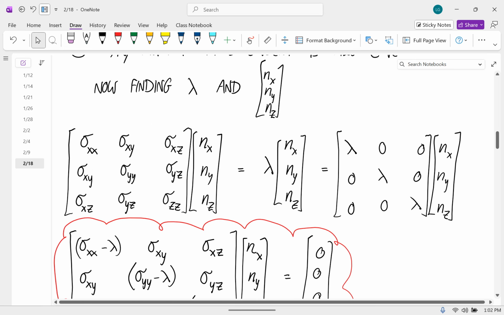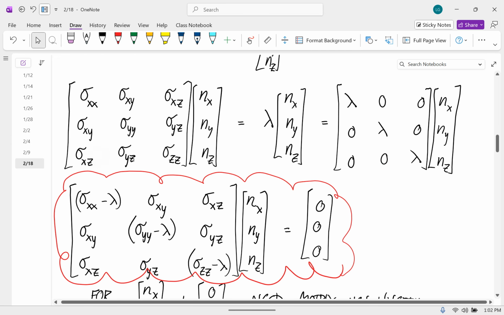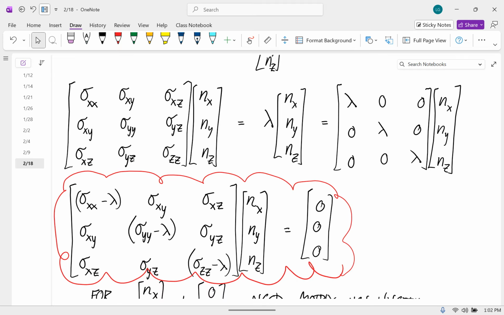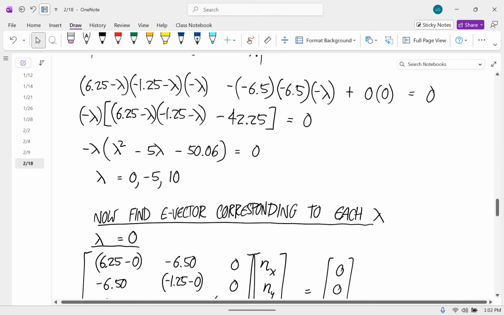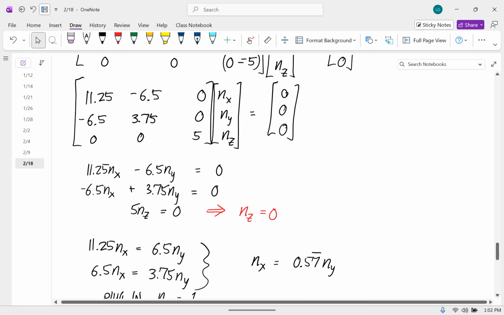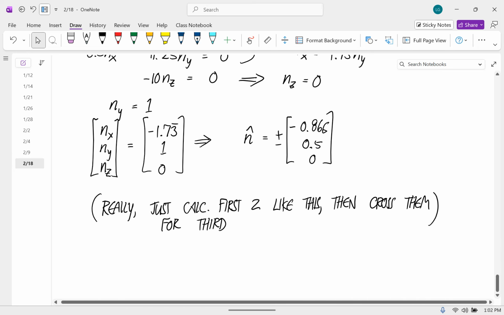If you can remind yourself that what we're doing here is trying to find an outward-facing normal to a face, where when we calculate that traction, we don't have any shear elements in that traction. The traction is parallel to that outward-facing normal. And the rest we're just reasoning through mathematically, and they have to be mutually orthogonal.